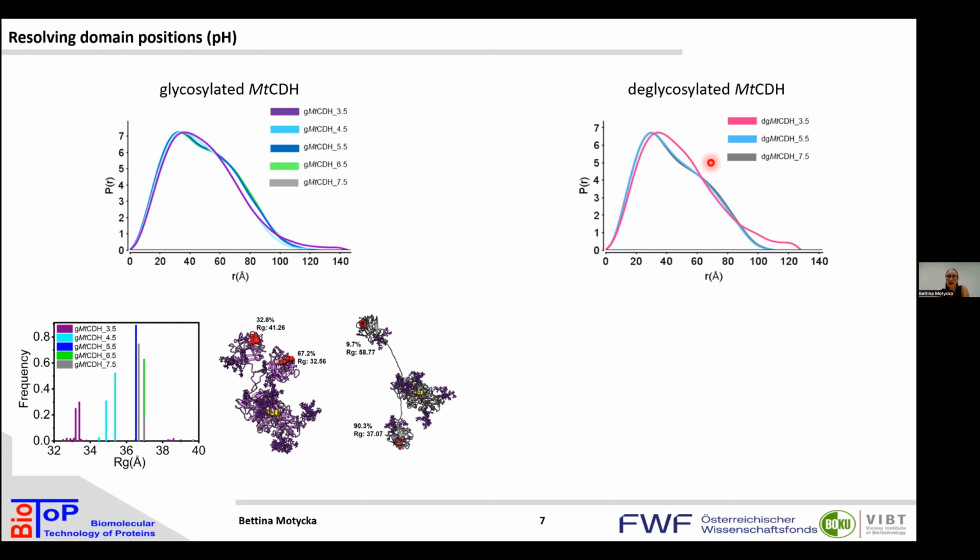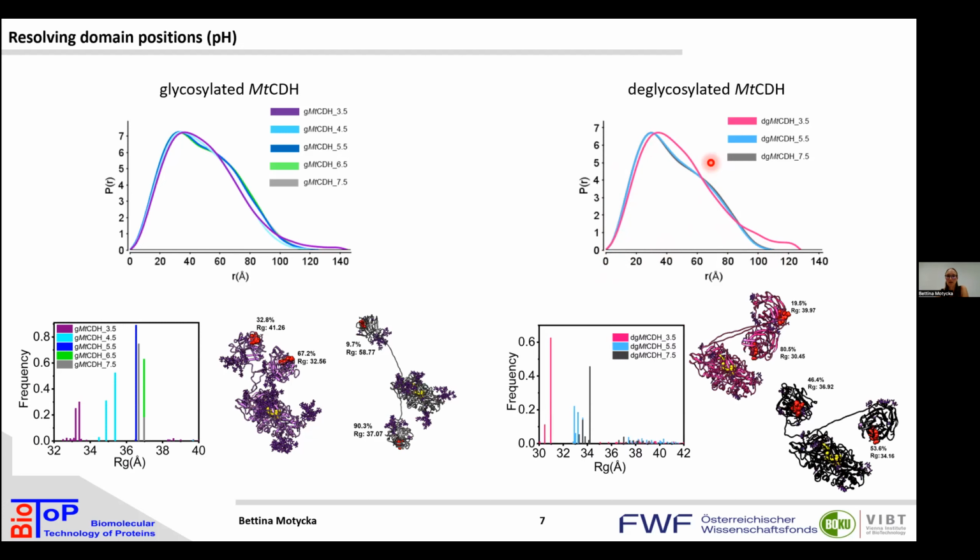So the trend is the same, but here you can see it more clearly. And also here we performed the SAXS-based multi-state modeling with the histogram and the models, indicating the same. That also shows the opening towards increasing pH. So with this, we really could show this opening process.